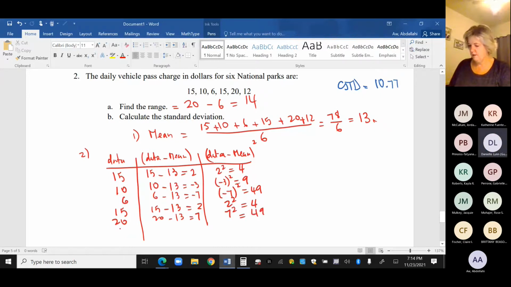Finally, 12 minus 13 is negative 1, and negative 1 squared is 1.